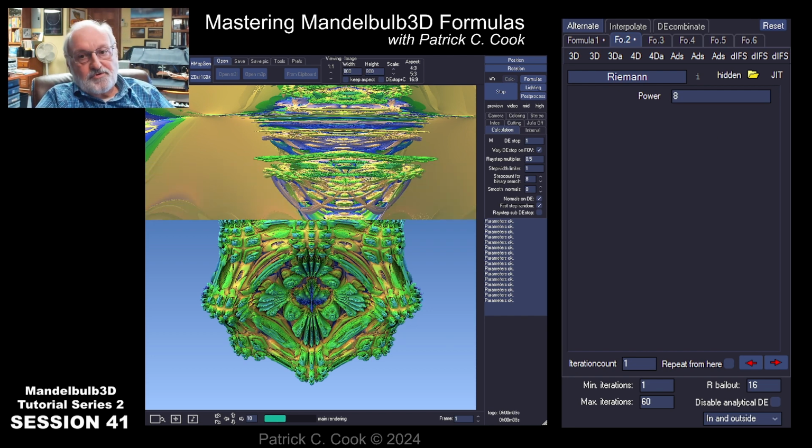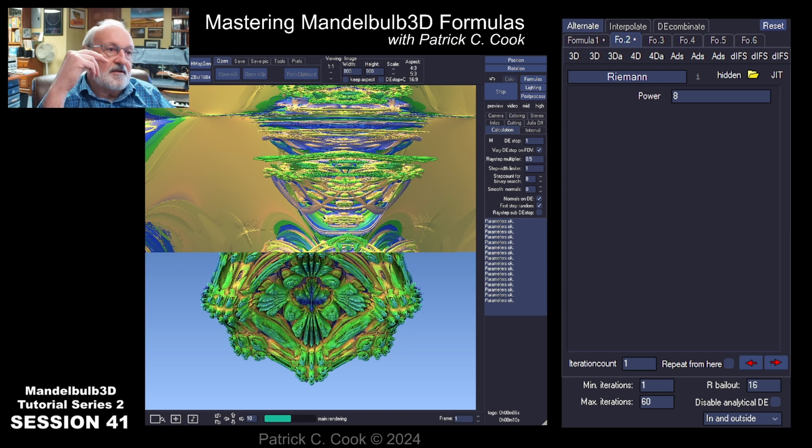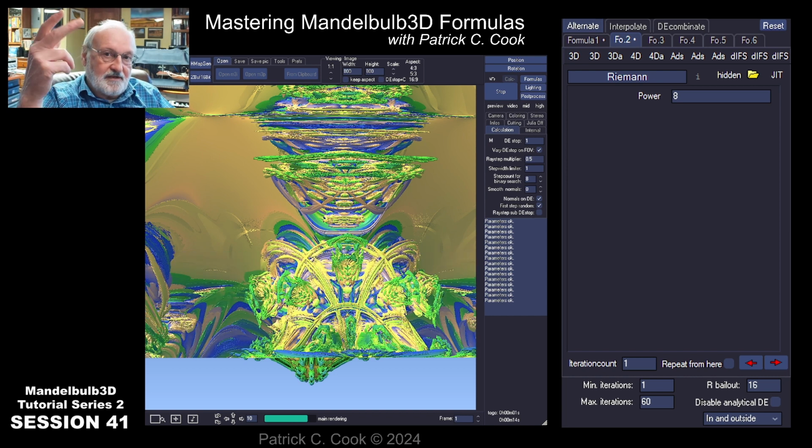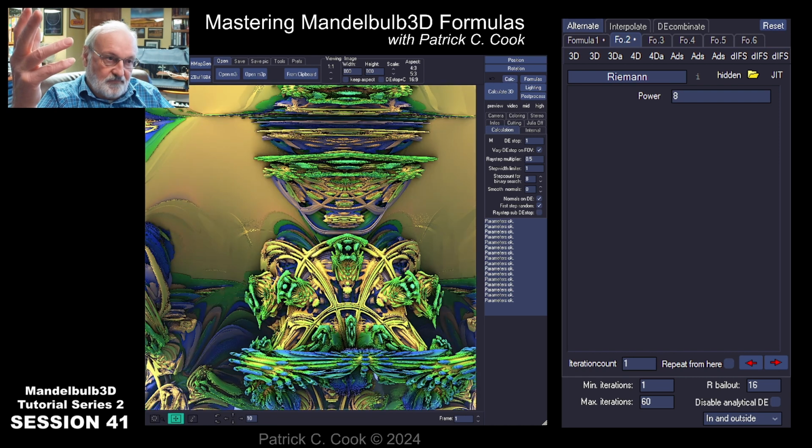Now the reason I pushed it back to main is so that I get a higher resolution with the proper lighting and coloring on my screen.